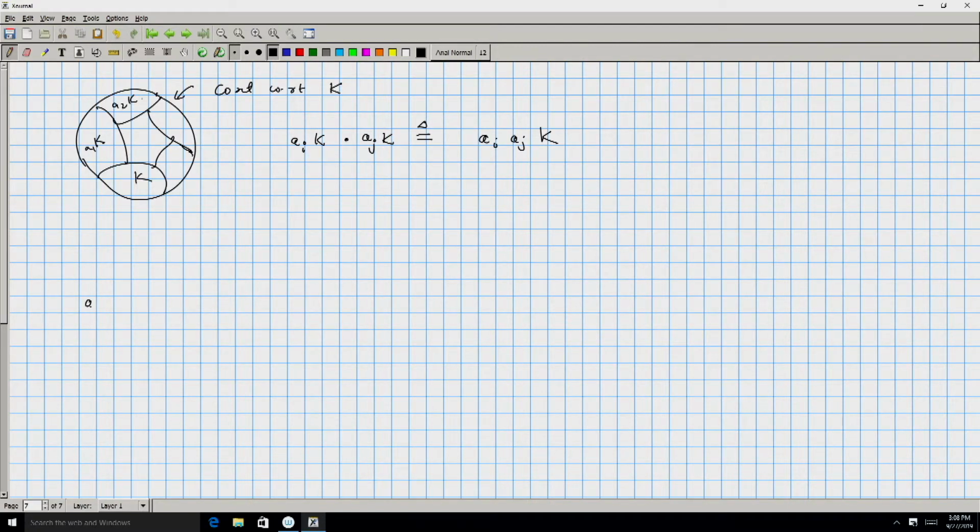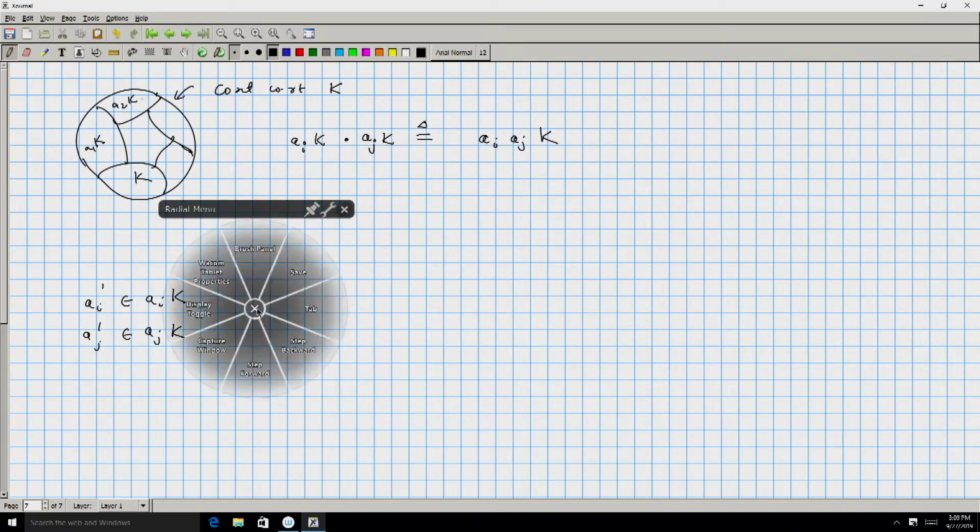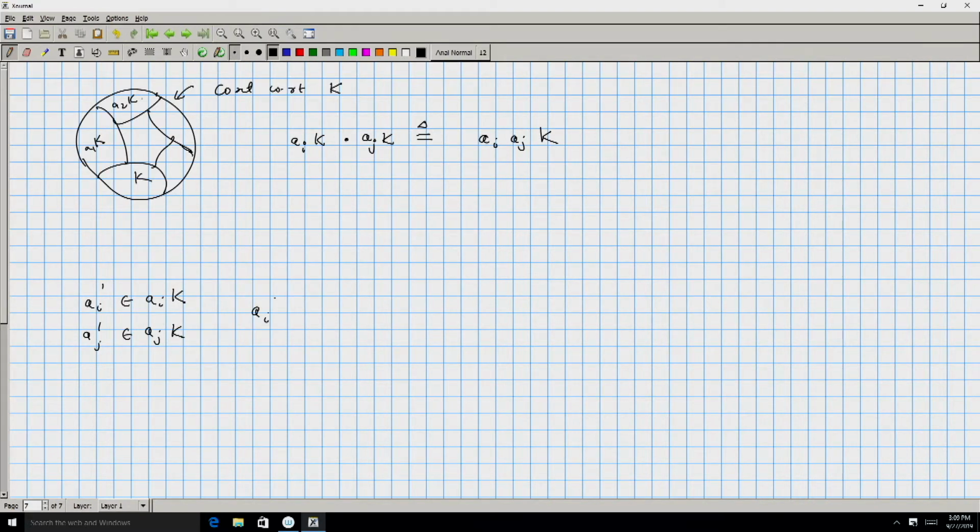let us say Ai prime is some other element of the same coset and Aj prime is some other element of the coset AjK. If we multiply them out, the rule says that this should be equal to Ai prime Aj prime K, but this should also be equal to AiAjK.